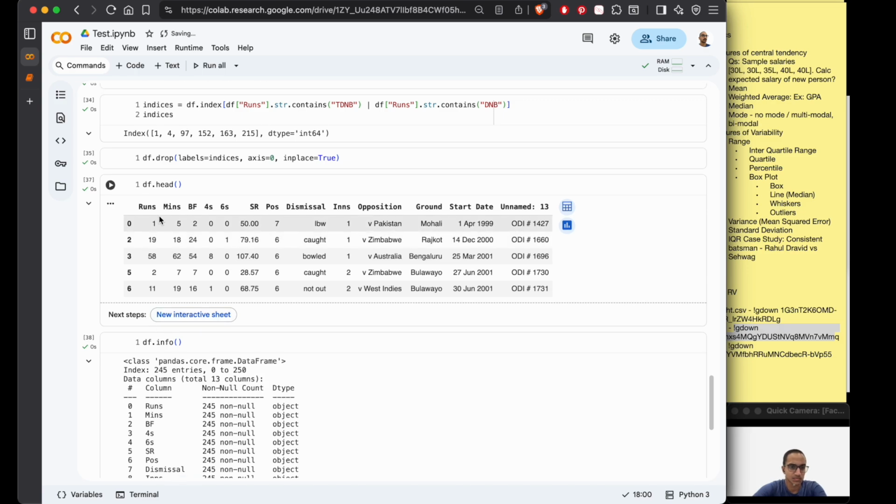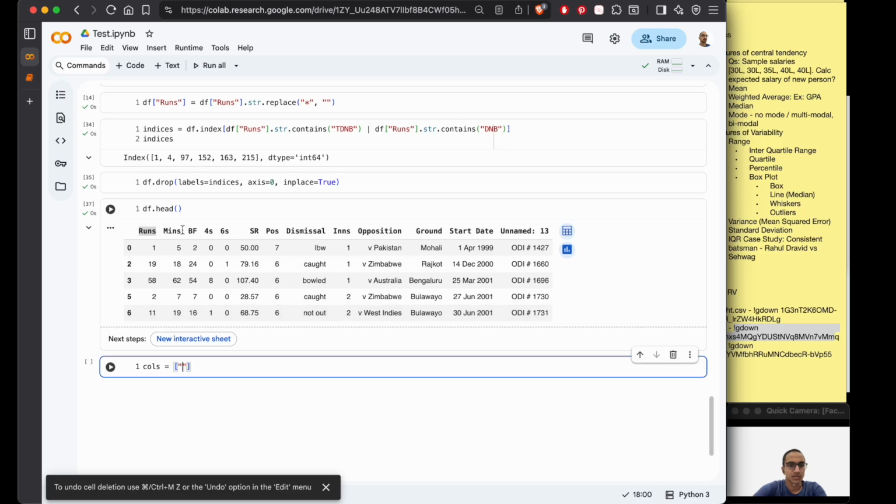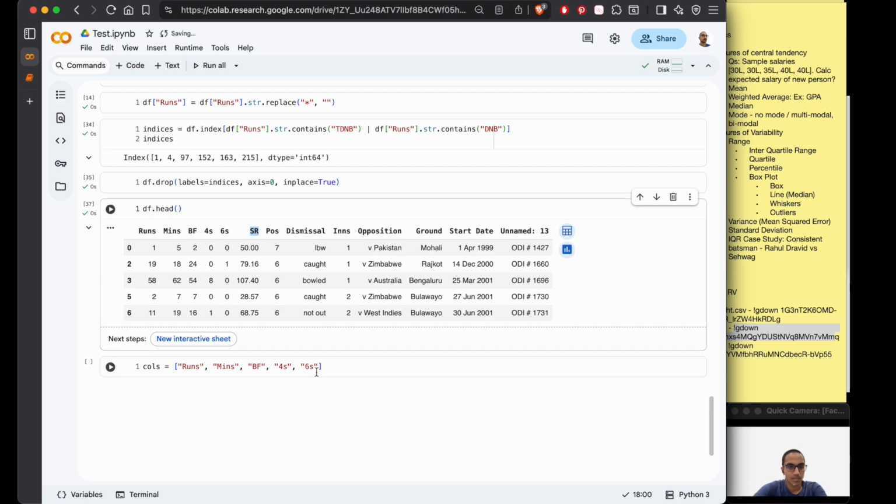So in this case, let's take our list of columns that we want as floats. The first one will be runs, obviously. Then we'll do mins, we'll do BF. We will only be using the runs column, but this is just like an exercise for you and for me as well, just to brush up my memory.